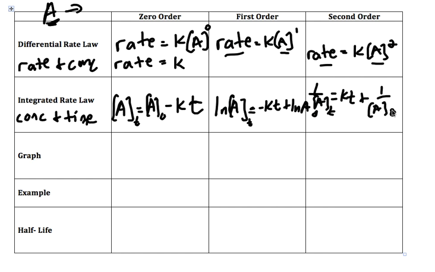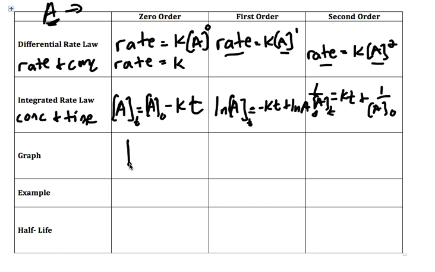So you're going to have to just trust me. My calculus is rusty, but if I integrate the differential rate law, this is what we get. So it gives us a tool to analyze concentration in time based on the rate law, what's going to happen to the concentration of the reactants over time.